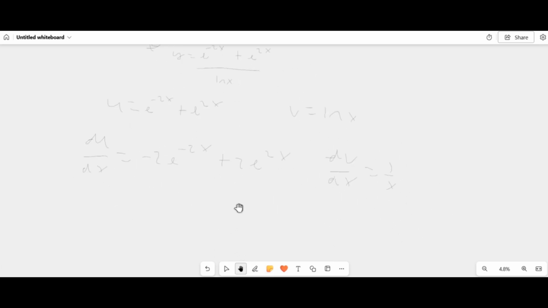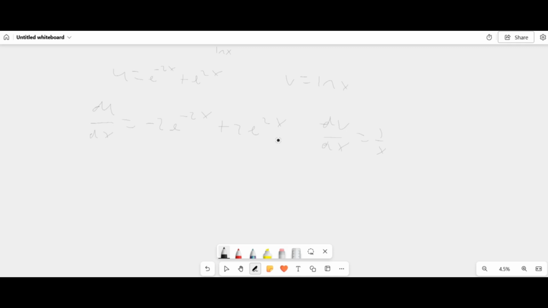Alright, so now v times that. So ln x, open bracket, I'm going to write 2 e to the power of 2x and then minus 2 e to the power of minus 2x, just for writing it properly.